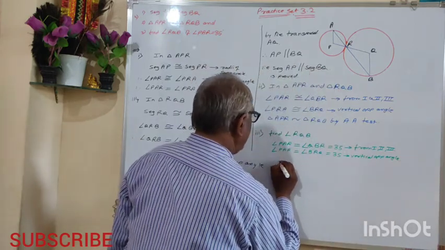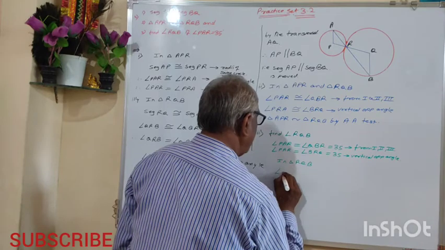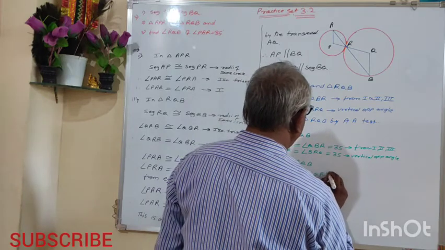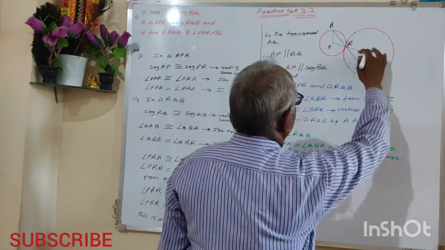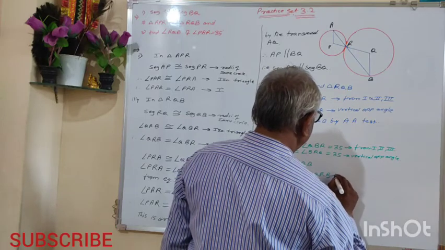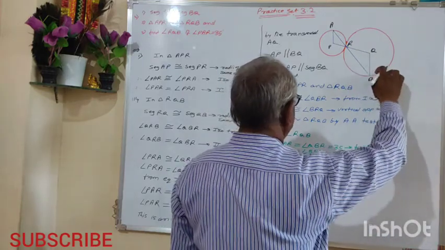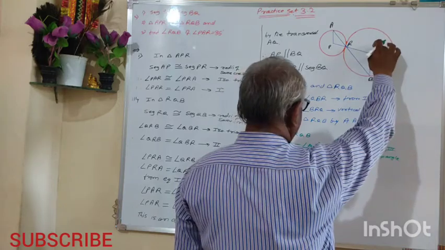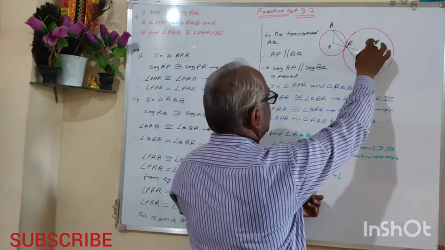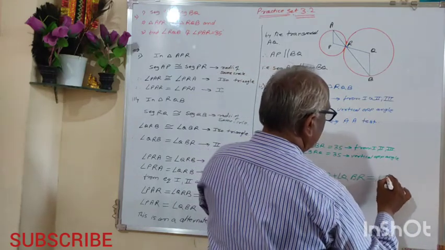Now in triangle RQB, angle RQB plus angle QRB plus angle QBR is equal to 180 degree.